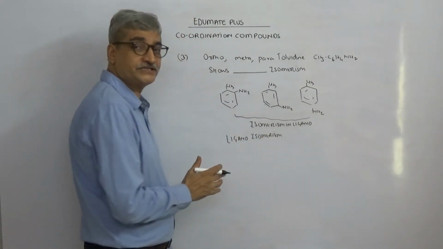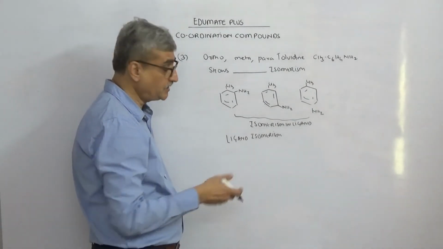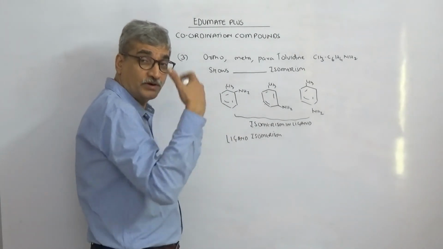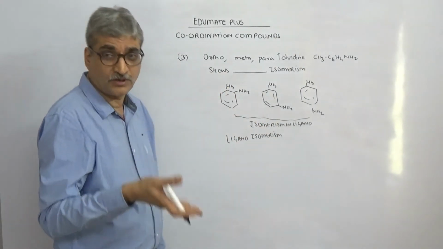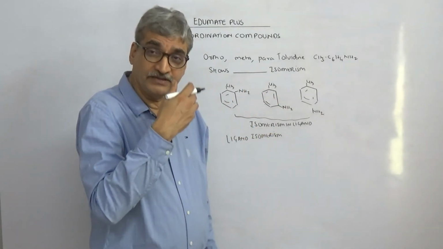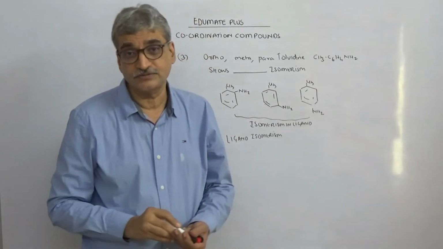So this will be a question combining amines, a chapter of nitrogen compounds, and coordination compounds. So you should know what is toluidine. That's the first problem that we have. And then ortho, meta, para, they are having isomers, and therefore they show ligand isomerism.